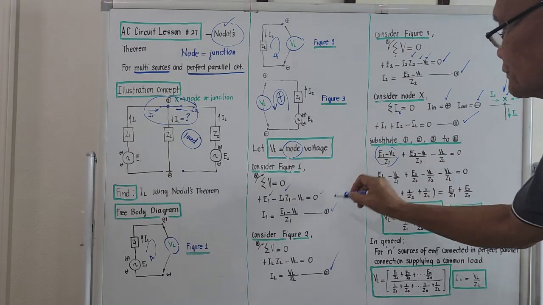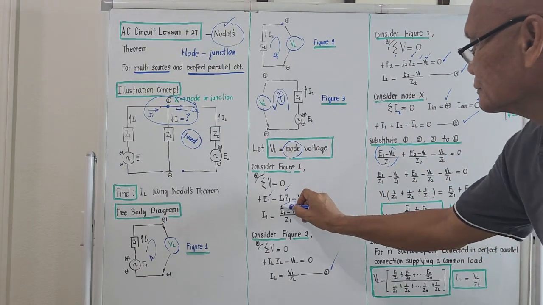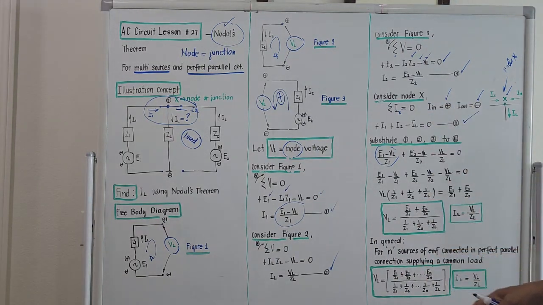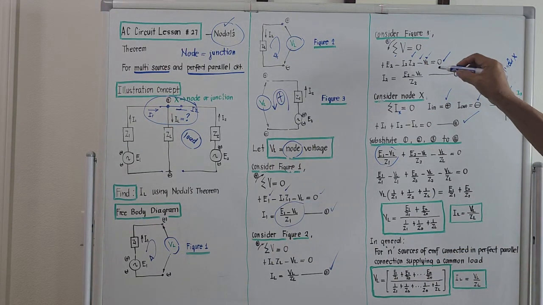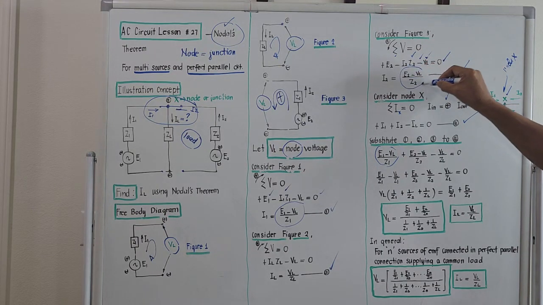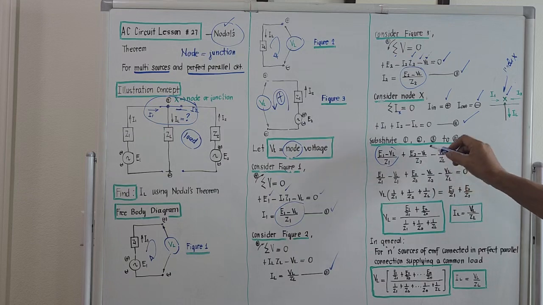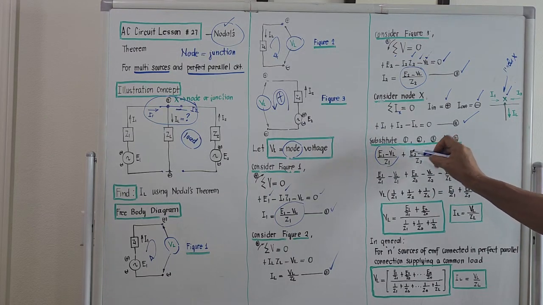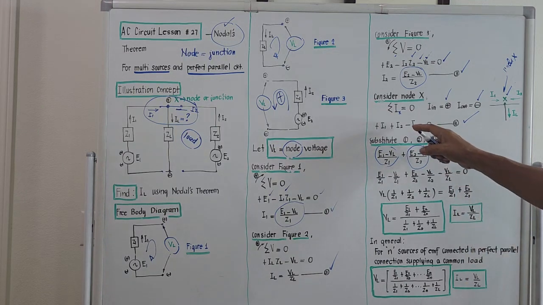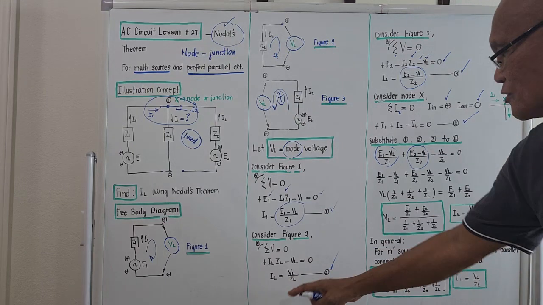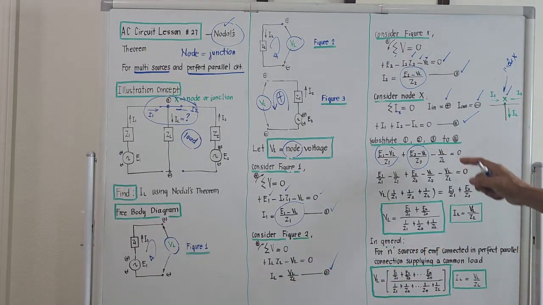The value of I2 is E sub 2 minus V sub L over C2. Minus I sub L. But what is I sub L? From equation number 2, I sub L is V sub L over C sub L. So this is minus V sub L over C sub L, and this should be equal to 0.